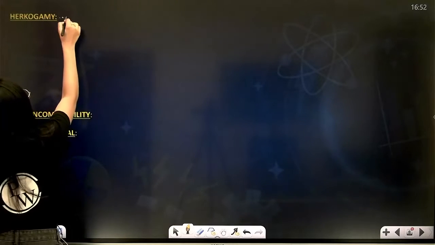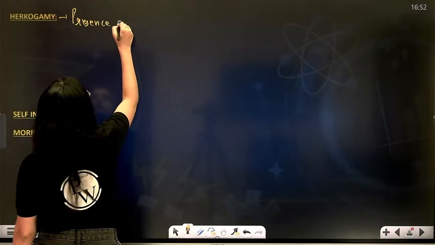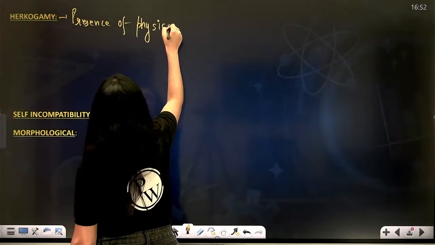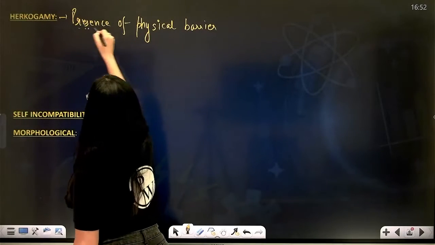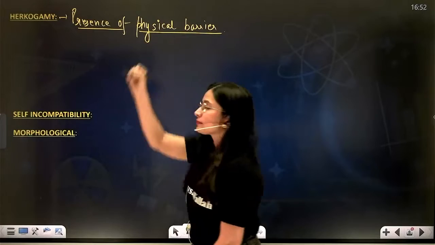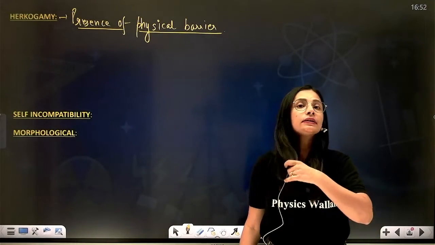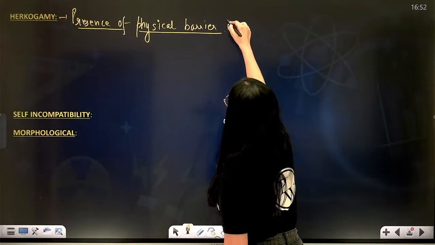Hercogamy means presence of a physical barrier in between the two sex organs within the same flower.